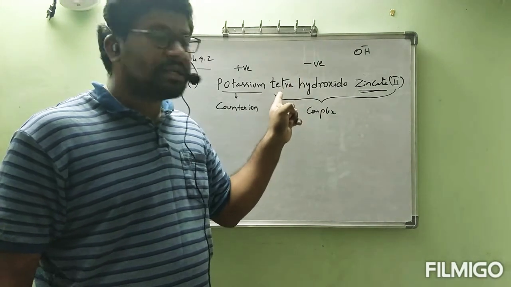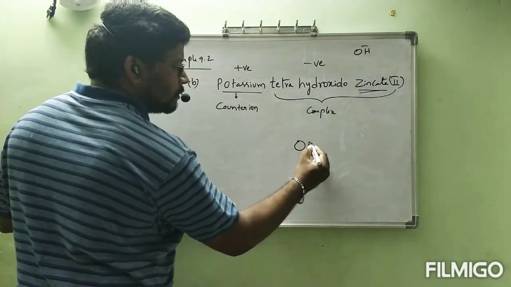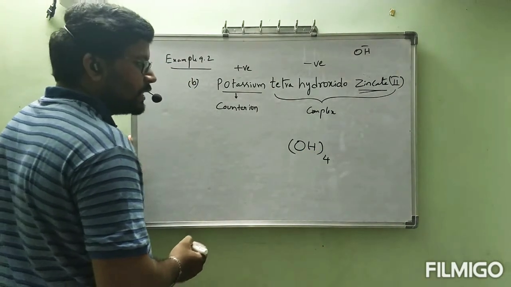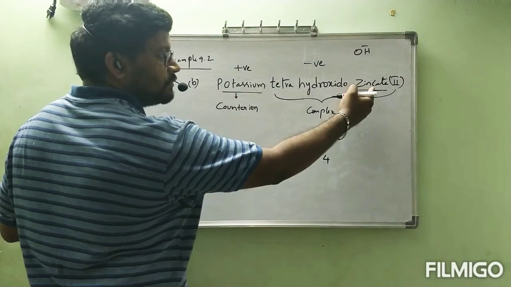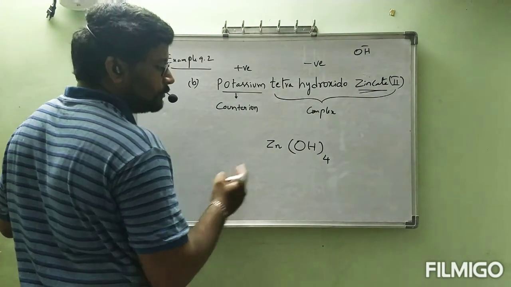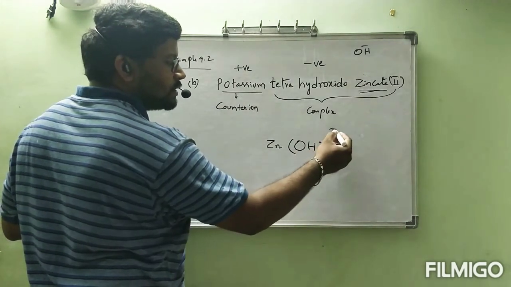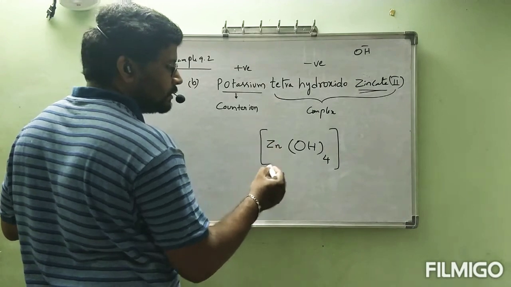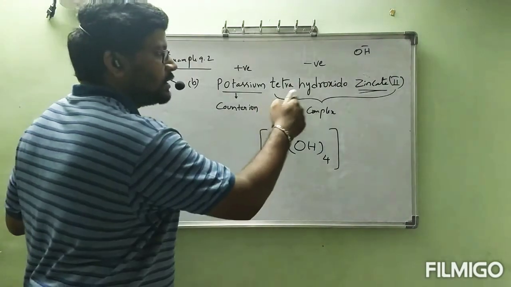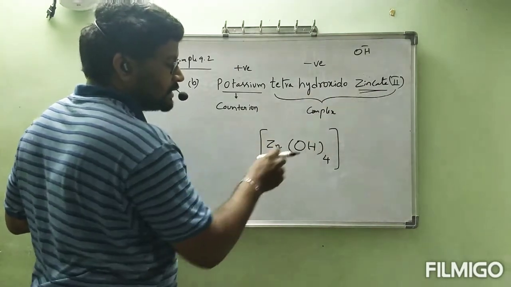How many OH minus are there? 4 OH minus. OH4. What is the central metal atom? Zinc. ZnOH4. This must be present in square brackets. Tetrahydroxido, 4 OH groups, zinc.